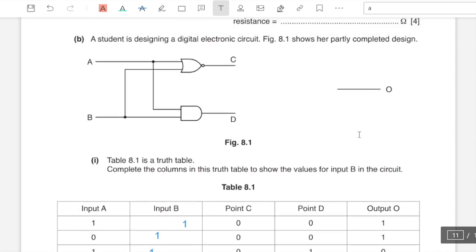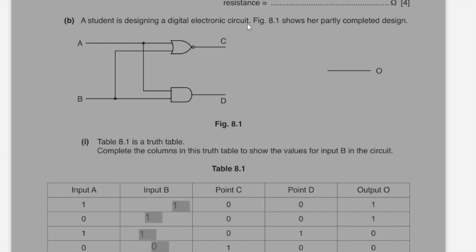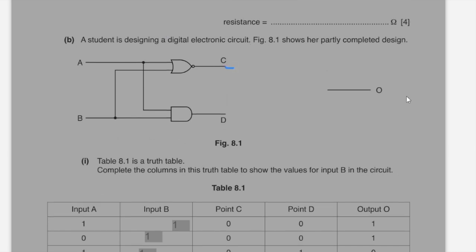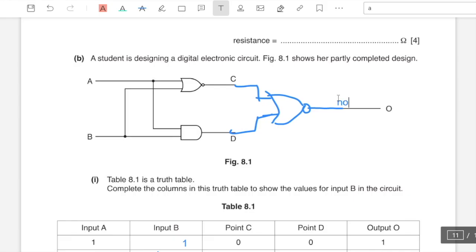So I'll draw a NOR gate over here, which is the opposite of an OR gate. Here is the NOR gate.